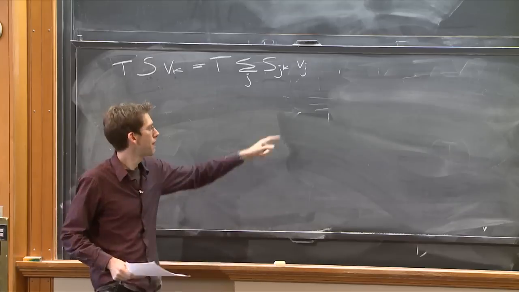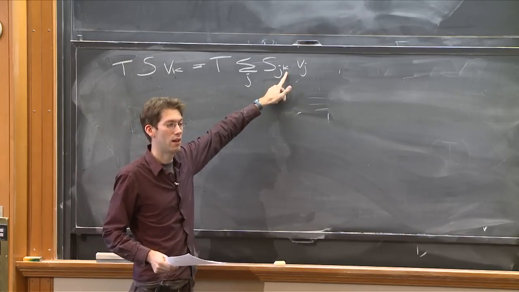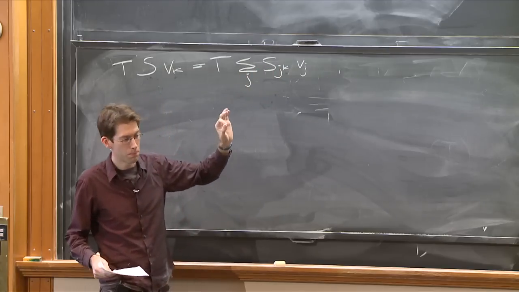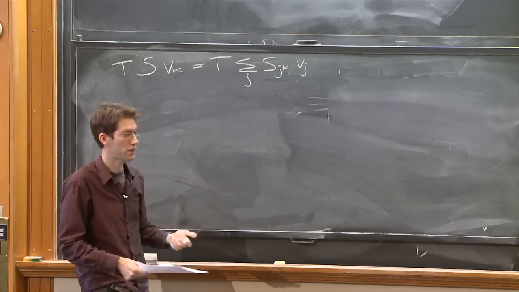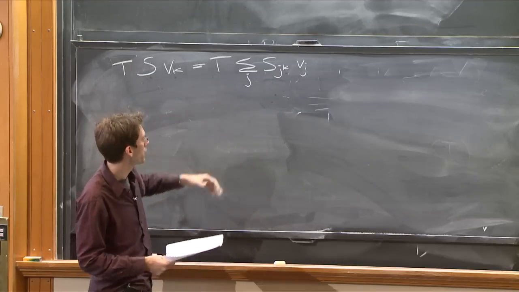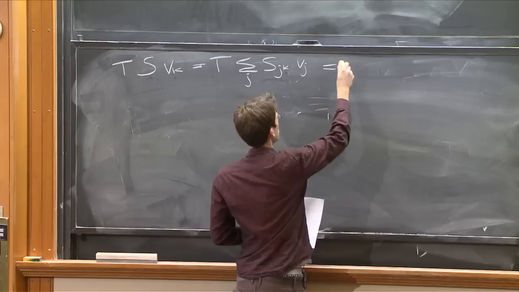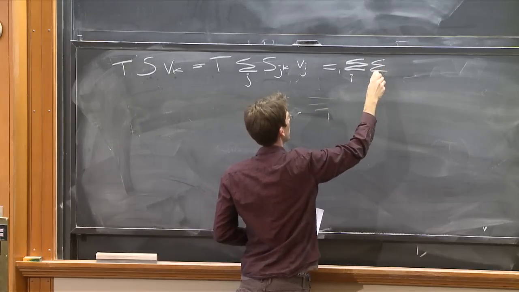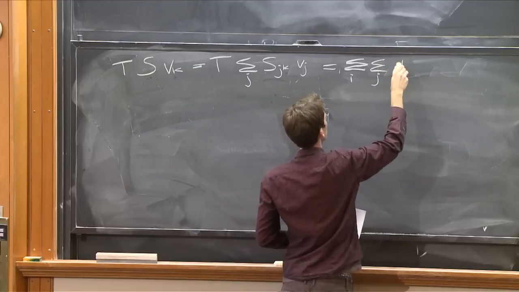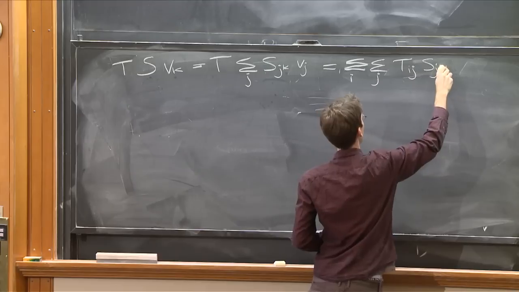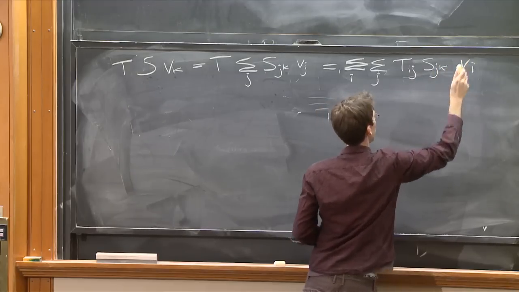And those coefficients will depend on the vector you started with, k, and the part of the basis that you're using to express it with, j. Then we apply the same thing again with T. We get this is sum over i, sum over j, T_ij S_jk v_i.